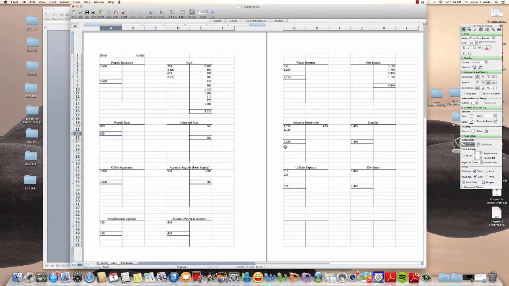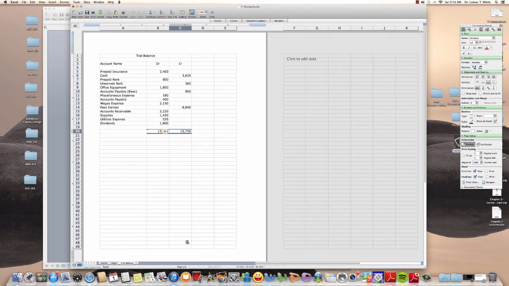Now, there's some errors that can occur which do not affect the trial balance. So what do I mean? You can post entries to the wrong account and your trial balance is still going to balance.